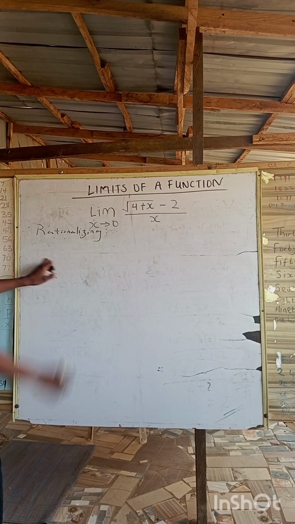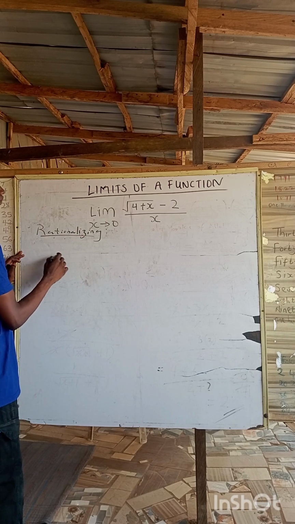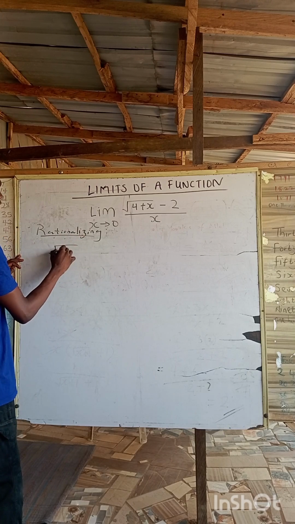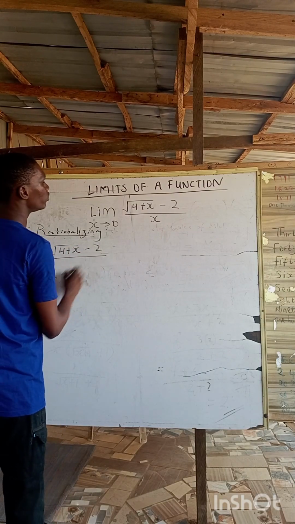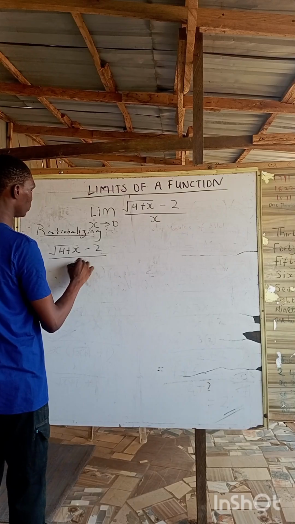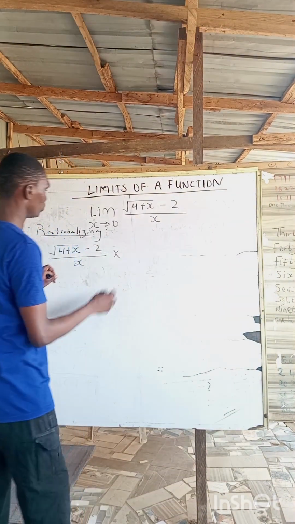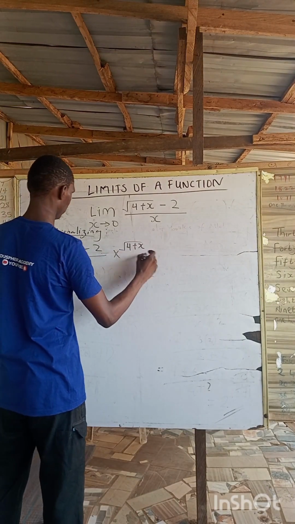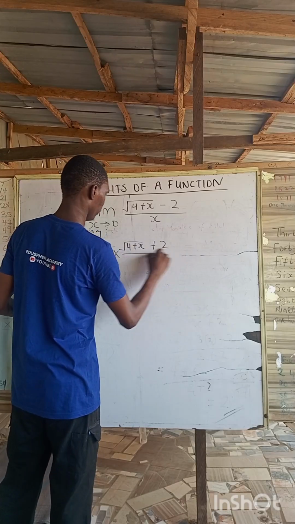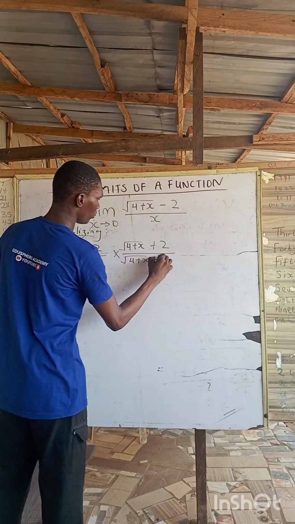We multiply the numerator and the denominator by the conjugate, which is root 4 plus x plus 2.